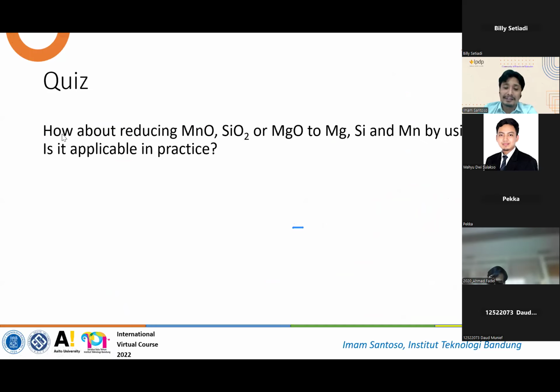Okay. Next. Remember this one. Okay, guys, let's see. Now you want to reduce MgO, MnO, and silicon oxide to produce Mg, Si, and Mn by using hydrogen.